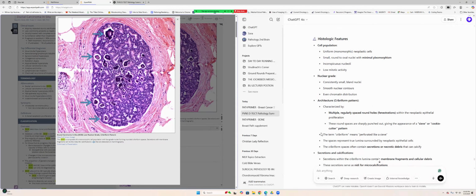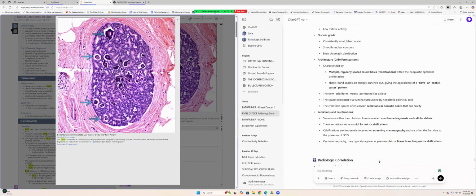Nuclear grade. They have small bland nuclei, no nuclear contour irregularities, and an even chromatin distribution. The architecture is a cribriform pattern.